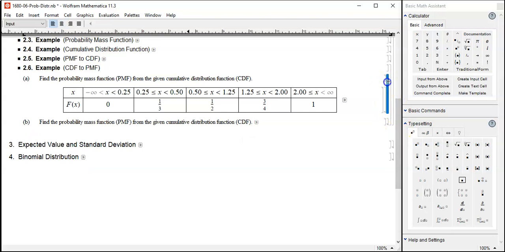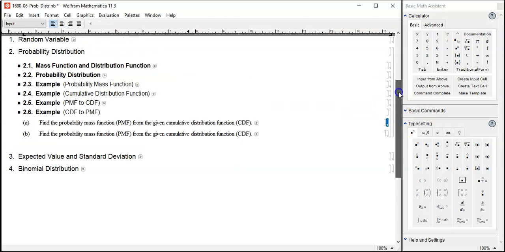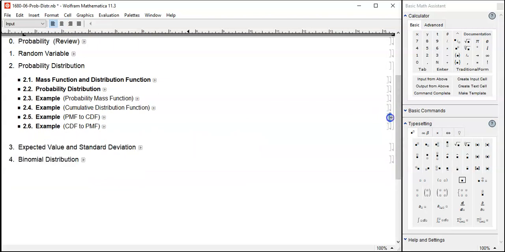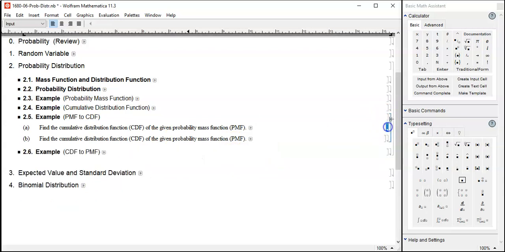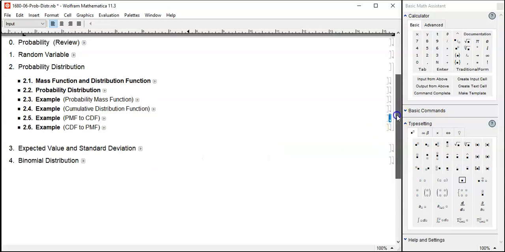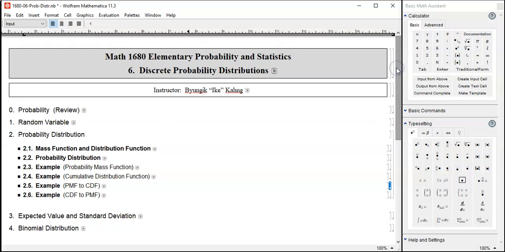Okay, that completes the problem. Maybe I was affected by the previous problem. In that problem, 1/2 appeared, I think, yes. I kept the same x values, but I changed the probabilities around. And therefore, we have a different CDF and PMF, a different probability distribution.